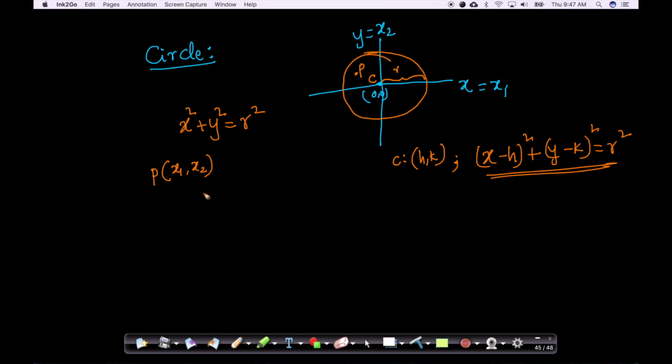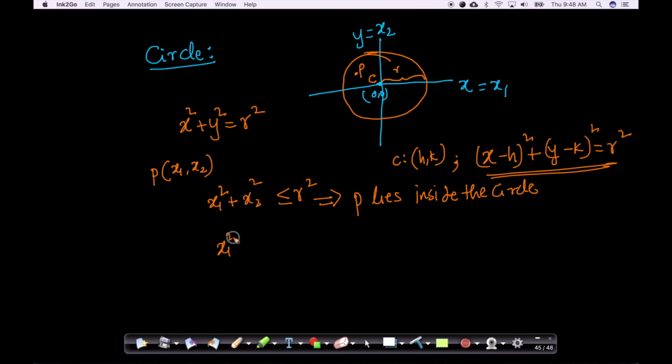So given any point P with x1, x2, if x1 square plus x2 square is less than r square, then P lies inside your circle that is centered at 0, 0 and has radius r.